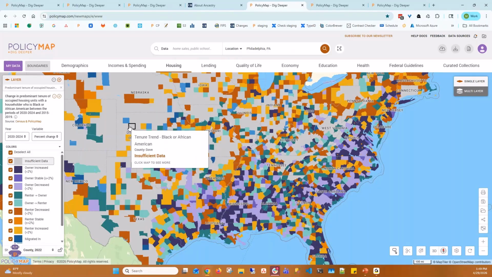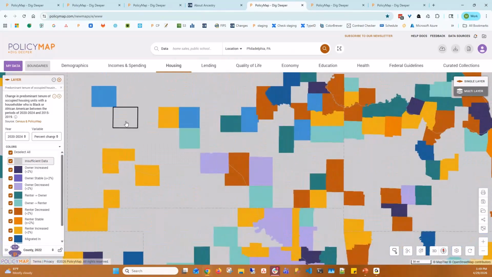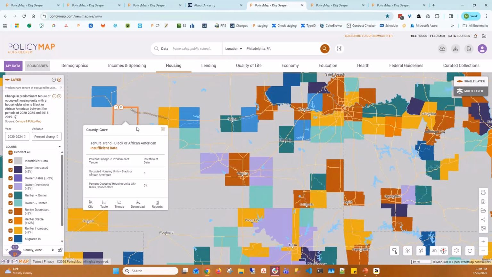Thus, anytime, let's say there are 30 families that identify as Black or African American in, we'll say, Gove, we are going to fully suppress that as to zero, just to make sure that we've not identified these families within the community, as well as to make sure that we're not overstating any trends to account for those margins of error.